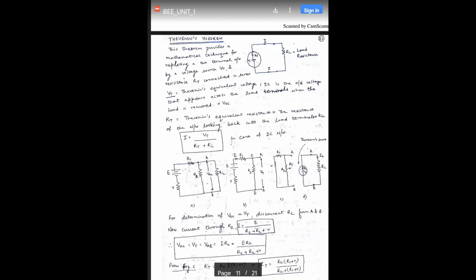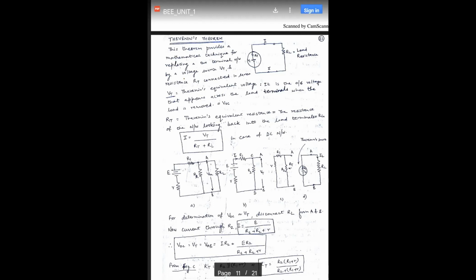Ohm's law is the simplest mode of representation of a DC network, in which there is one battery source and one load, and V equals IR is easily applicable. So our purpose here is to reduce the complicated circuit into a circuit in which Ohm's law is applicable.